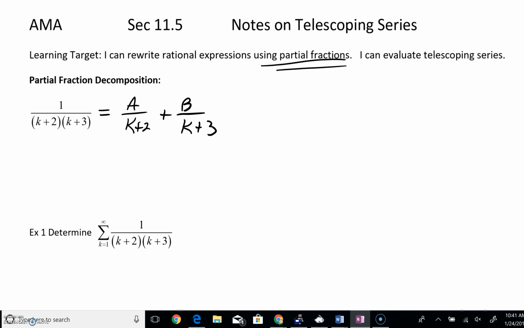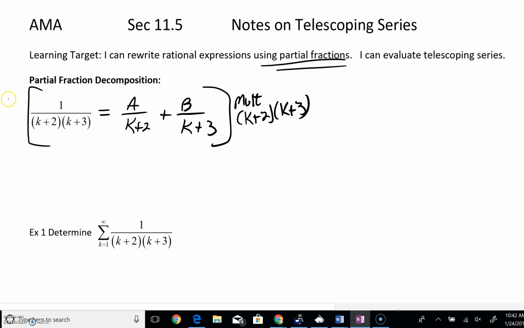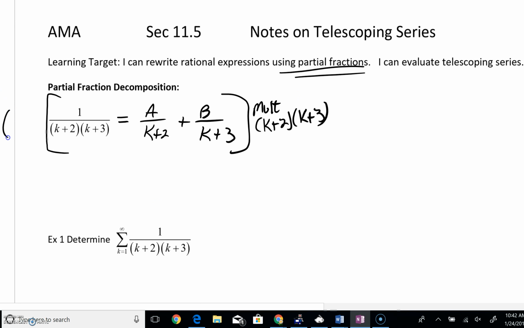So I have something: a over k plus 2 plus b all over k plus 3. What we have done, and this is really just review of what we were doing a couple of days ago, is we'd multiply through by that LCD, k plus 2, k plus 3, and everything on the left side is going to cancel. You just have a 1.